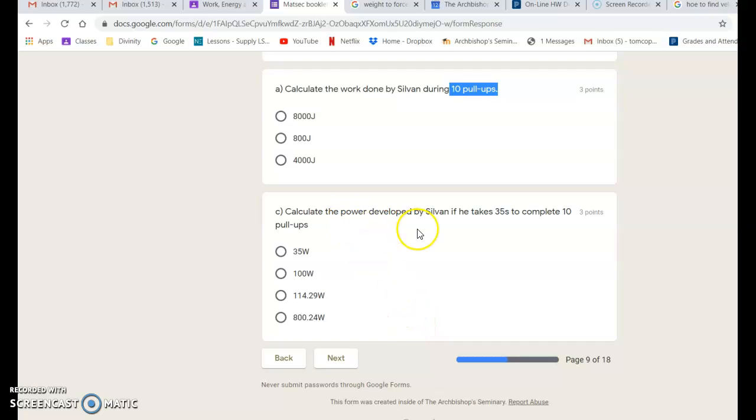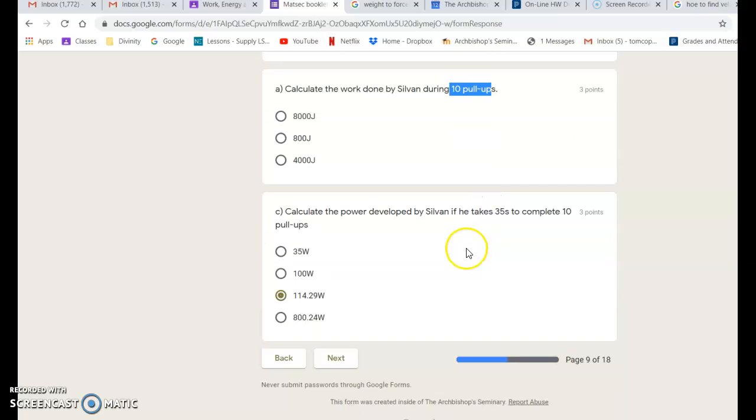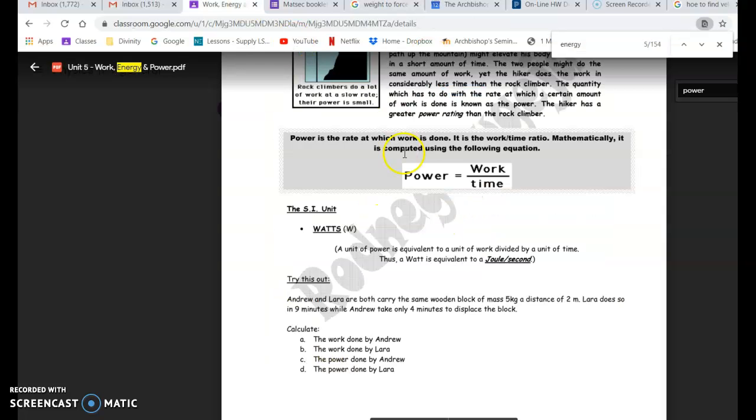Now calculate the power developed by Silvan if it takes 35 seconds to complete 10 pull-ups. Remember, you found the work done in A. So we did force times distance and then the answer times 10. Now calculate the power developed by Silvan. Now we know that power equals work all over time.